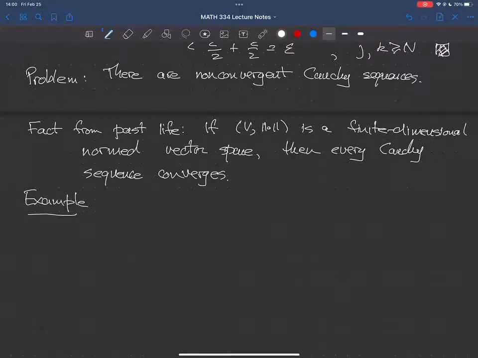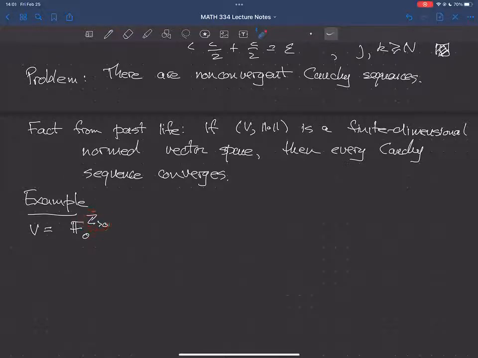So I'm going to take the normed vector space V equals one of these F to the J sub-zero vector spaces, but I'm going to take the special case that we talked about a few lectures ago, where the set J is the set of positive integers.